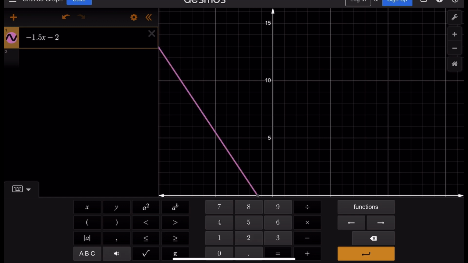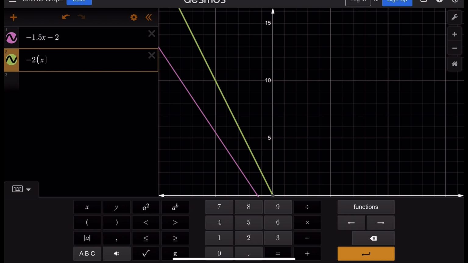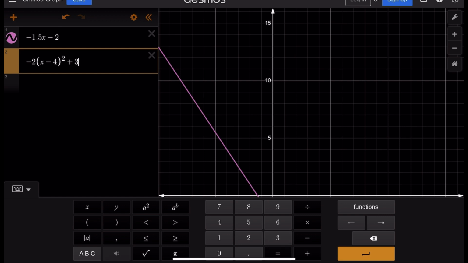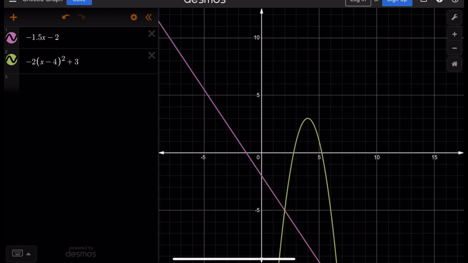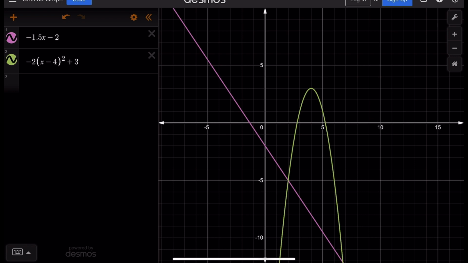So this is the first graph. The second one is minus 2 parentheses x minus 4, everything squared, plus 3. Good. So we have our two equations.